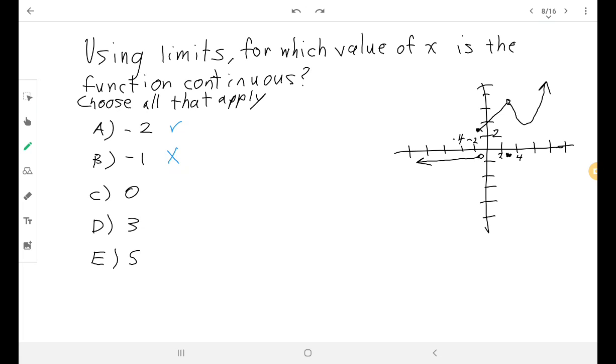At 0, we're right here at 0. There's nothing weird going on at 0, so that one's perfectly fine. And then we get 3. And we've got a jump discontinuity at 3. But notice that as I approach from the left and as I approach from the right, those limits would be the same. That limit would exist and it would be one value.